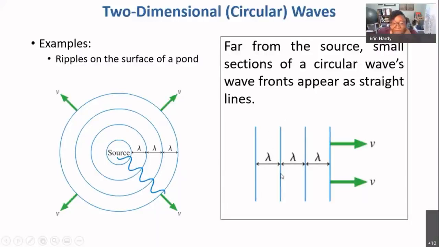So in other words, if you can get far enough away from the source of a wave, even though it's 2-dimensional, these wavefronts are just going to look like parallel straight lines propagating in just one direction, because you can only be standing at one location on the bank of the pond. You can't be in all locations at the same time. So if you're just evaluating the wave that's propagating towards you, it does look like it's traveling in just one direction.